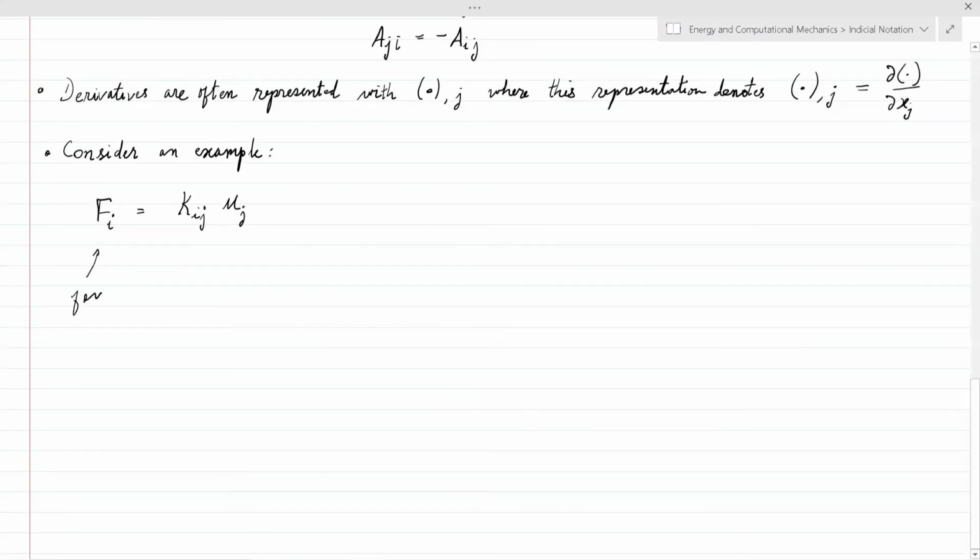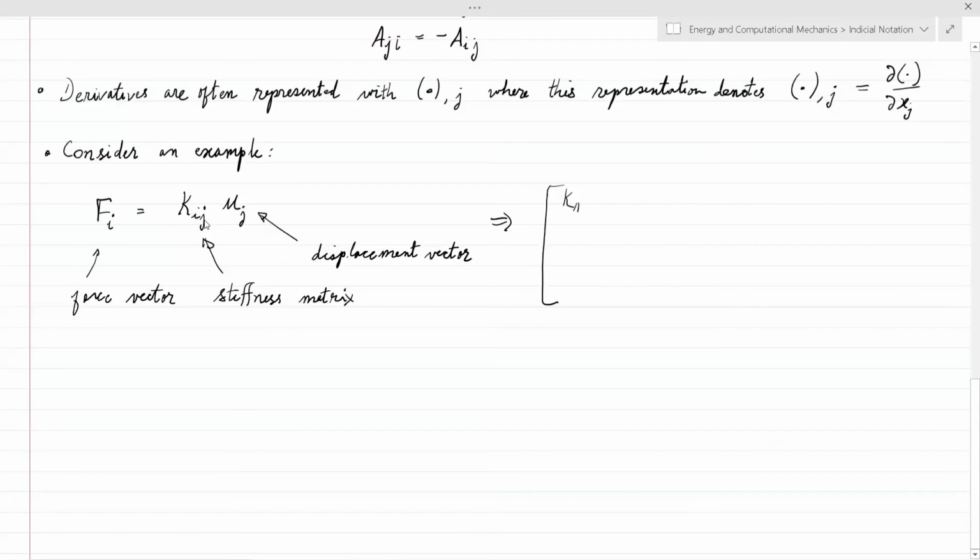So let's consider this example. Here, I have a force vector F_i and the stiffness matrix here, and then on the right-hand side I have a vector. How many free indices do I have? I really have one free index, because i shows up on the left side and i shows up on the right side, so i takes values of 1 through 3, while j is repeated in the same term.